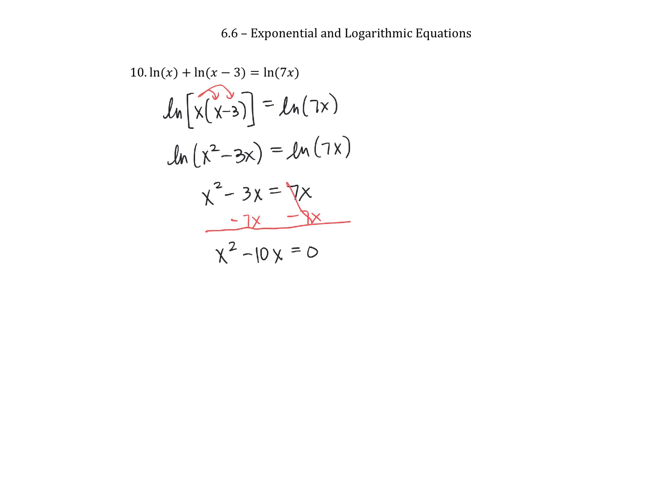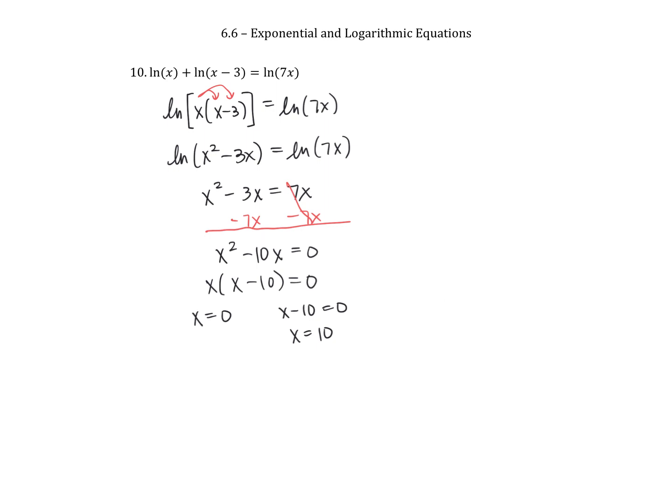You can do a couple of different things. Probably the easiest would be to factor. So I have an x in common. If I factor out an x, I get x minus 10 left. And so now I can set each factor equal to 0 separately and solve. So x equals 0 is one possible solution, and then x equals 10 is another possible solution.